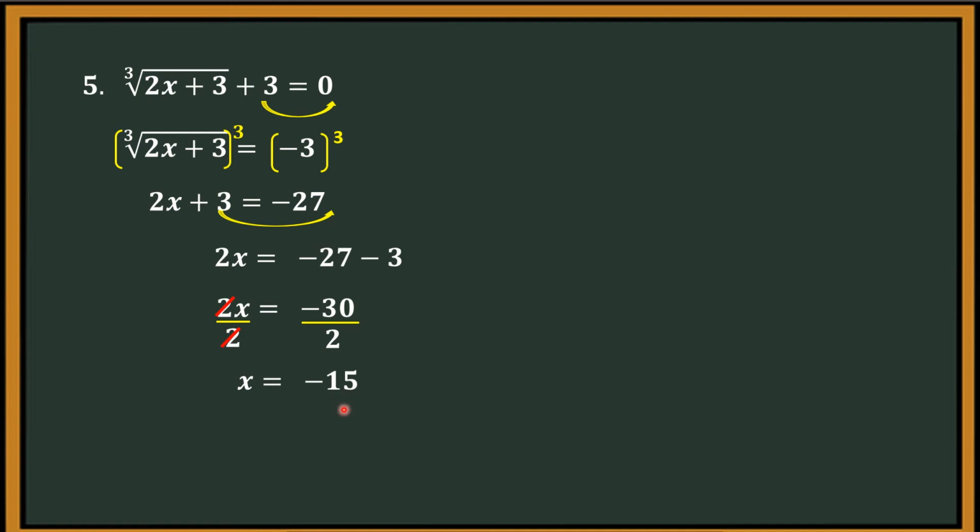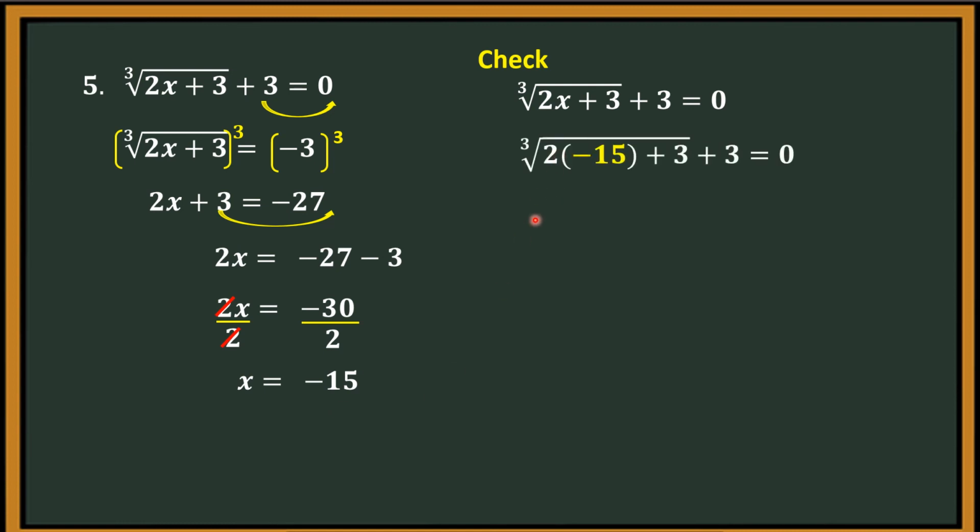Let us check if this is correct. Use the original equation, cube root of 2x plus 3 is equal to 0. Then we have to substitute the value for x, which is negative 15. So we will have now cube root of 2 times negative 15 plus 3 is equal to 0.